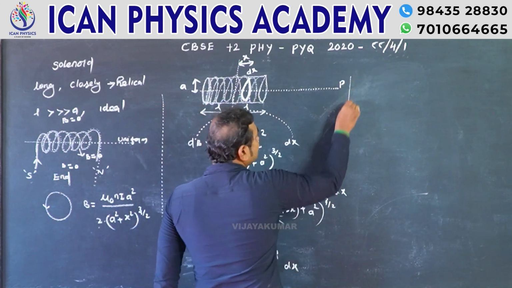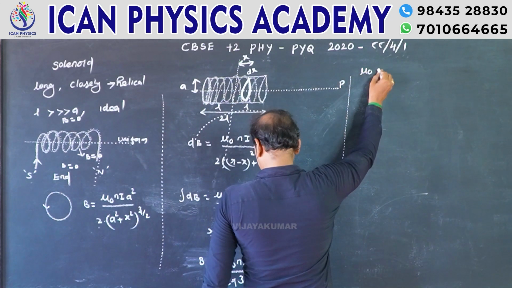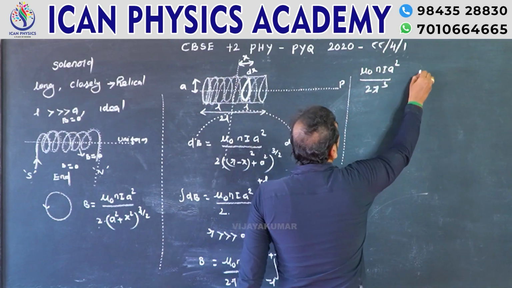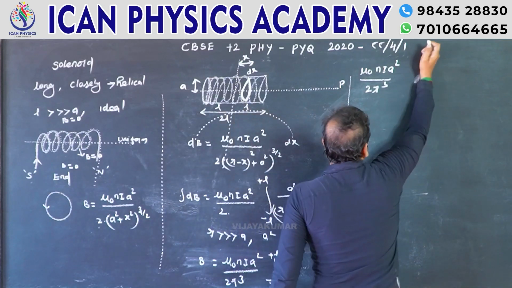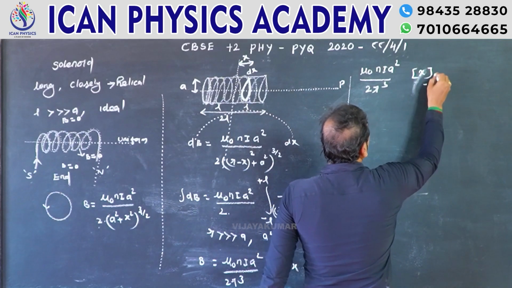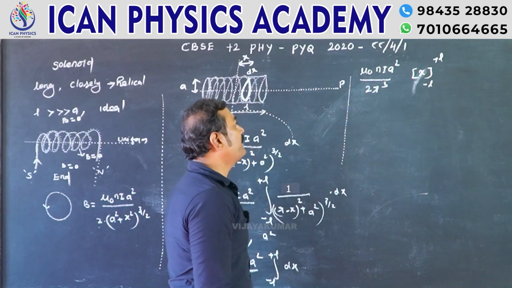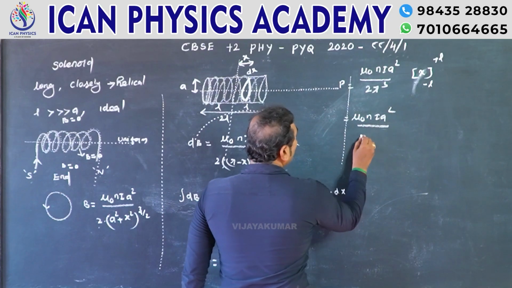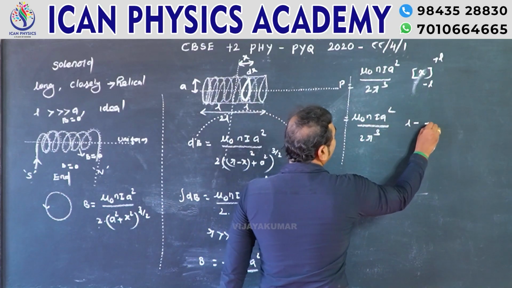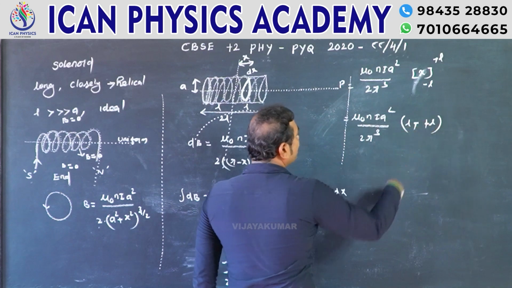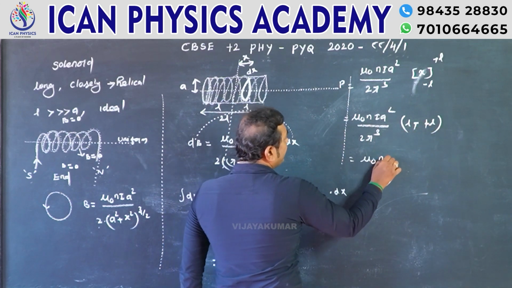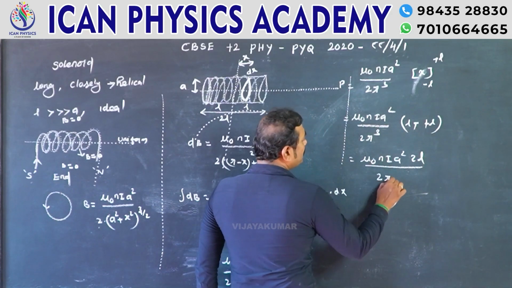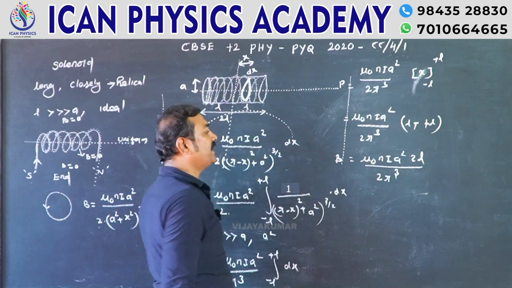When you integrate dx, it becomes x with the limits minus L to plus L. Next, upper limit minus lower limit. So, minus minus becomes plus. So, mu naught N i A square into 2L divided by 2 R cube is the magnetic field.